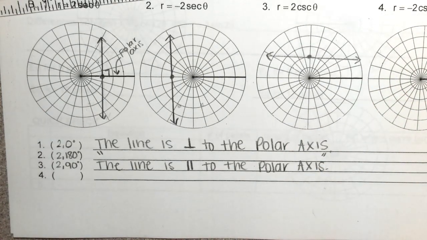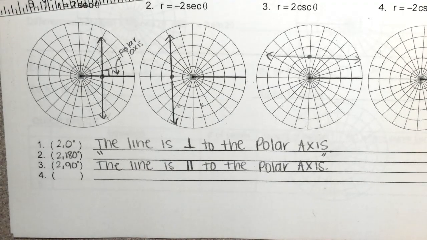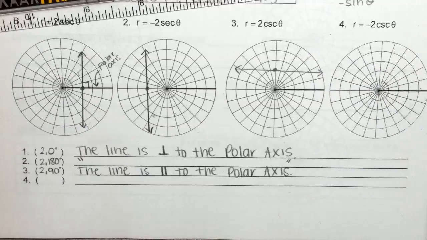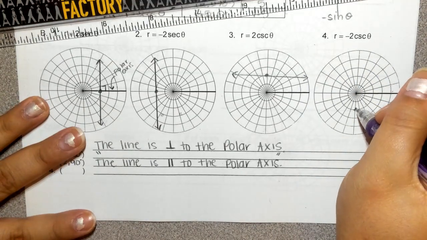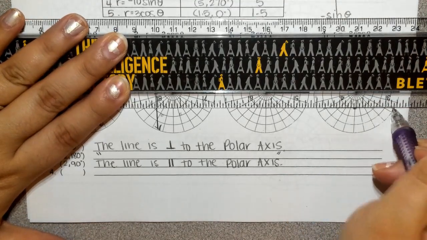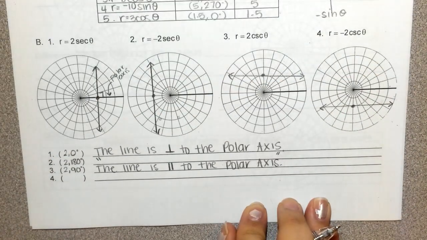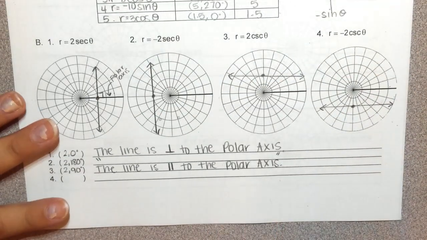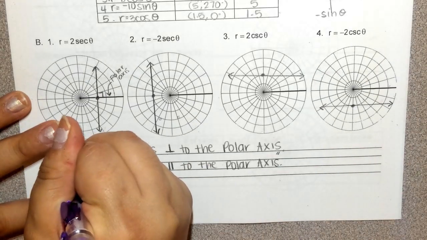Phelan, you with me? Yeah. And then without using our computers, do y'all want to guess what's going to happen with negative 2 cosecant? The same thing as 3, but down. So what would be my point for this line? 270.